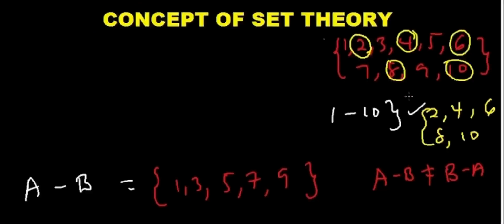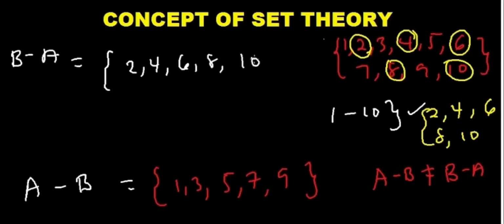If it is B minus A, that means I need to first state out the elements of B and remove the elements of A. If it is A minus B, I will state out the elements of A and remove the elements of B. But now it is B minus A, so I will state out the elements of B and remove A. The elements of B are 2, 4, 6, 8, and 10, right?